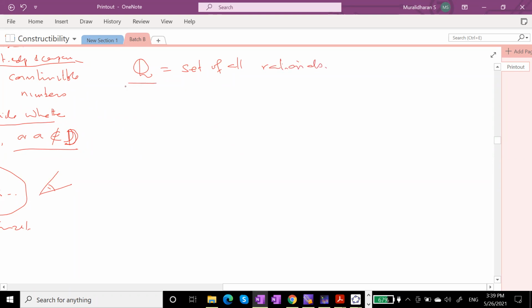From this, we already know that any rational and another rational and another rational, these numbers are all constructible, right?